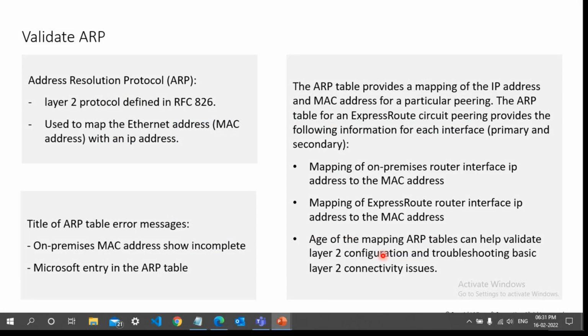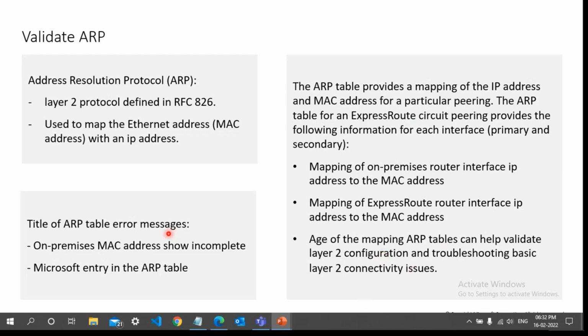Now here comes Address Resolution Protocol. We all know that ARP works on layer 2 and it combines your MAC addresses and IP addresses. When a packet enters your network, where 100 computers are connected, how does the packet know which particular computer it has to go to? For this we have ARP.